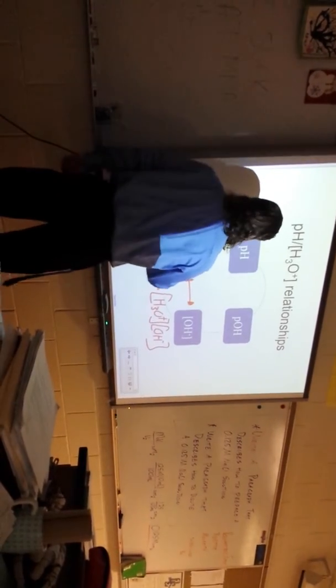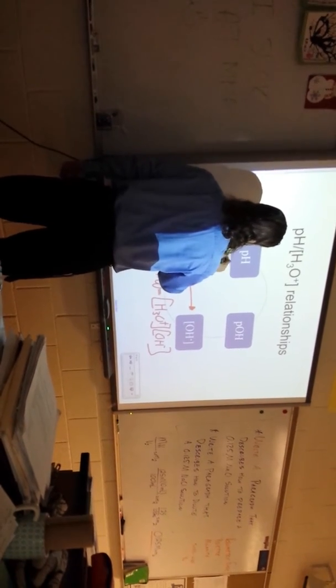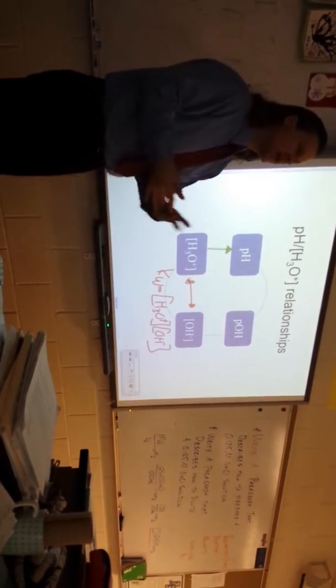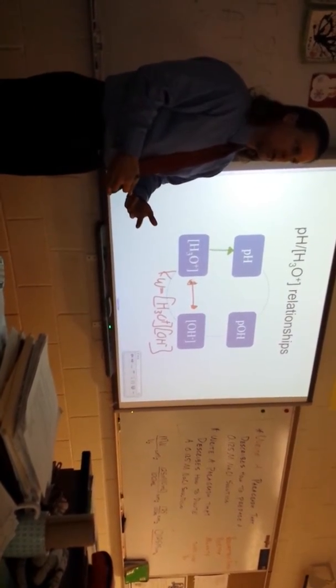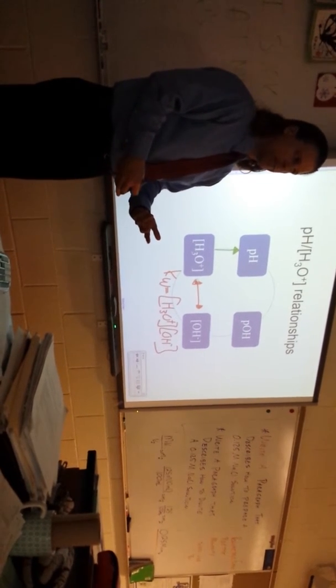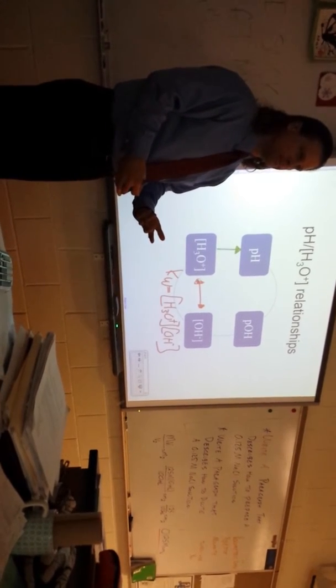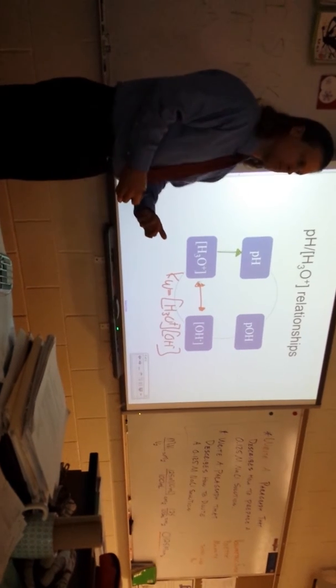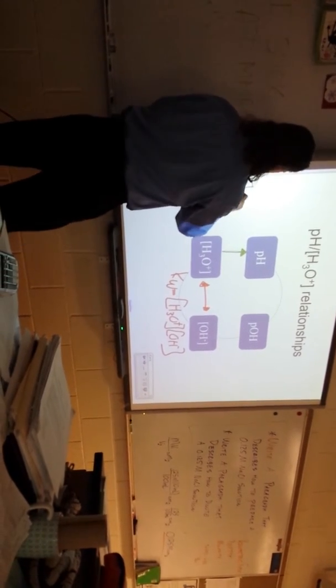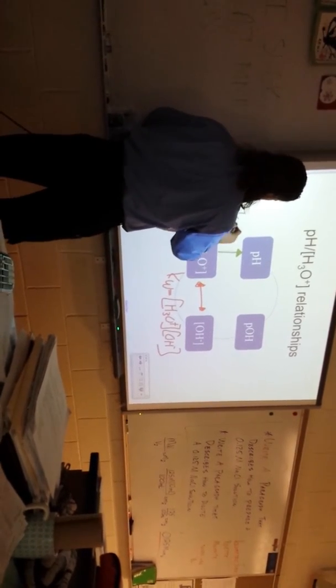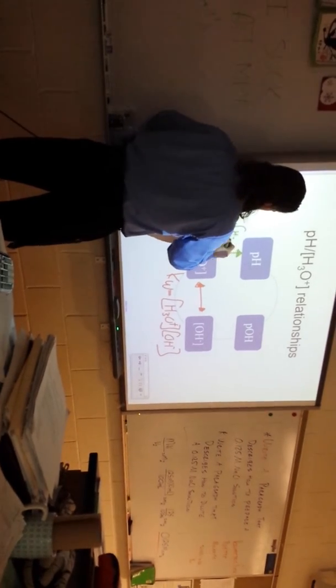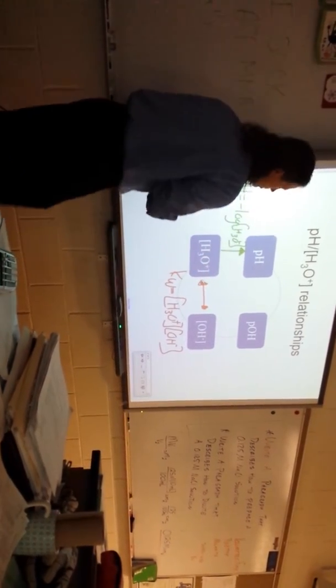Another formula that we just talked about today has pH and H3O plus in it. What's that formula look like? It's the negative log. So pH is equal to the negative log of H3O plus.